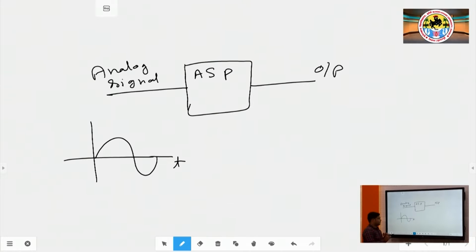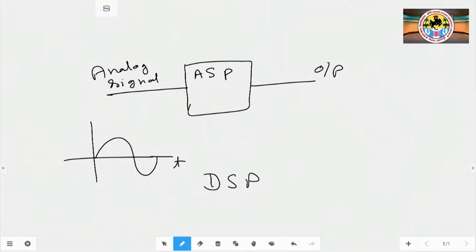DSP systems are programmable and reprogrammable, but ASP systems are not. DSP systems are also transportable. We can save them on a hard disk or floppy disk, and we can travel with and transport them.